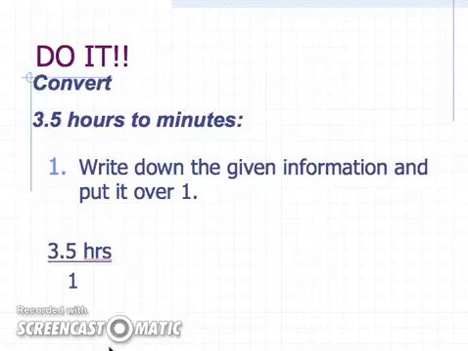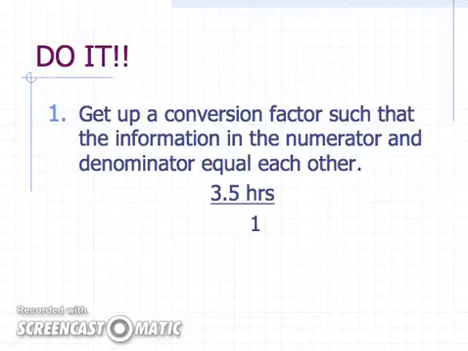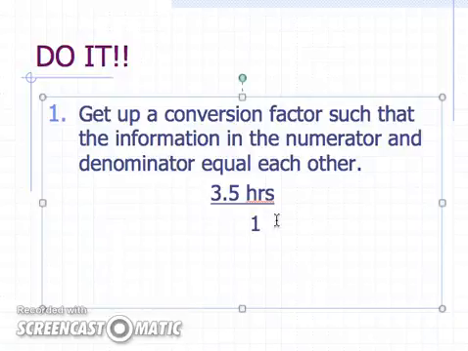Next, what you're going to do is set up a conversion factor so that the information in the numerator and denominator equal each other. Remember, our original question wanted us to go from hours to minutes. So what is the equivalent statement for hours and minutes?